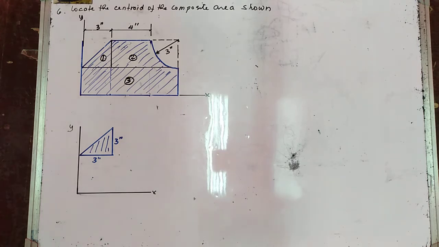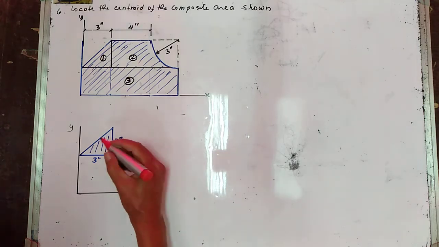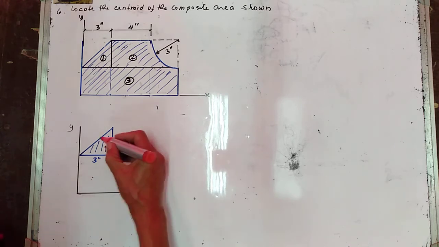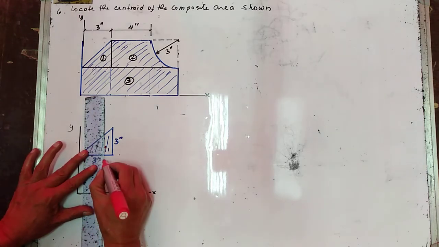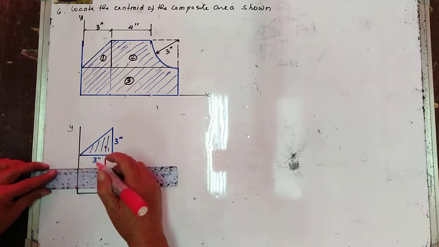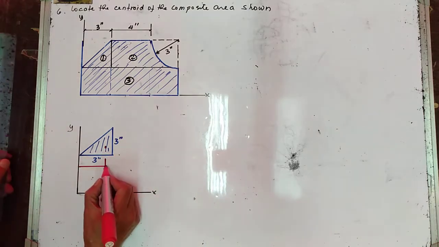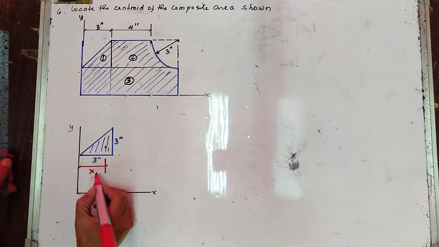Now, let's consider that this one in here is the centroid. The centroid of a triangular area is given in the table uploaded, that is the table of common geometric figures. Now, this is therefore your x1. So this is the first area, and this is your x1.